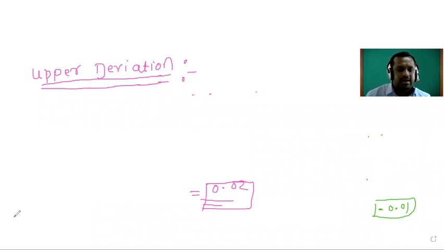Here at this corner I will write the upper deviation.